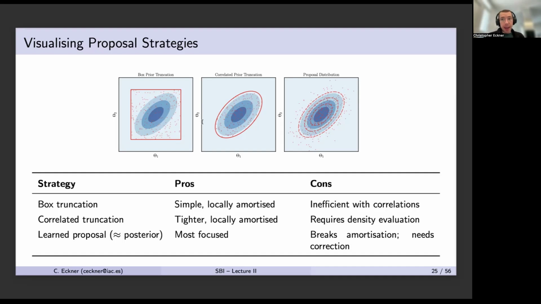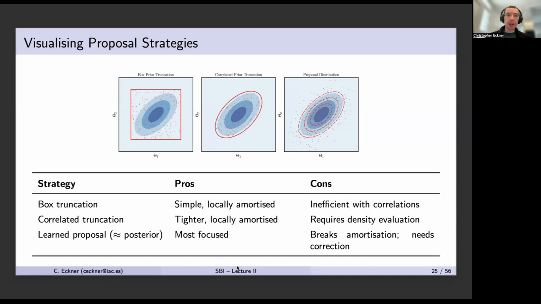Of course, it is advantageous to do so because otherwise, as you see here, if you do this box truncation, you still have parts of your prior range that are completely useless to simulate because your target observation just doesn't live in that space. So you can either sacrifice a bit of computation time in evaluating your posterior or sacrifice computation time in simulating useless samples that are not informative anyway.